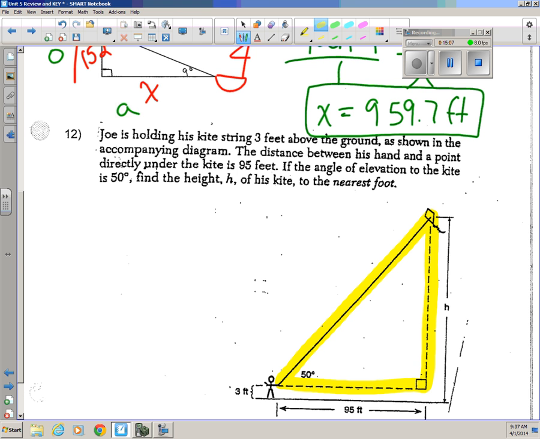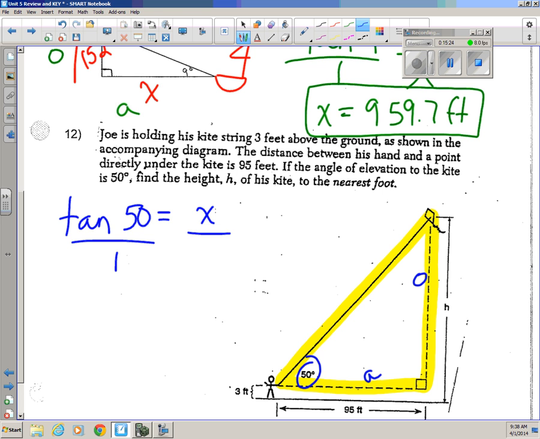Okay, so in that setup, we know that this becomes the opposite, this becomes the adjacent because here's your angle. So what we're looking to do is tangent. Tangent of that 50-degree angle over 1 equals the opposite over the adjacent.